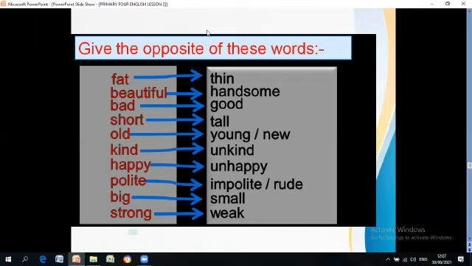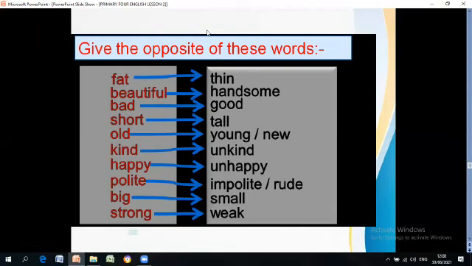Happy, its opposite is unhappy. Polite also forms its opposite by adding the prefix im. When we add those letters before the word polite, it gives us a new word which is the opposite of polite, and that is impolite. Or someone can also rightly say rude. It's also the opposite of polite.